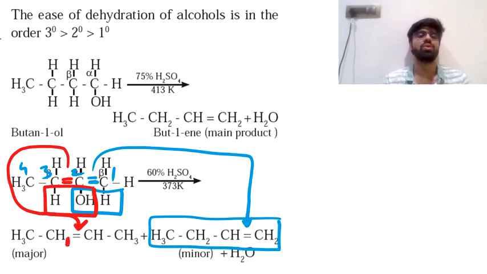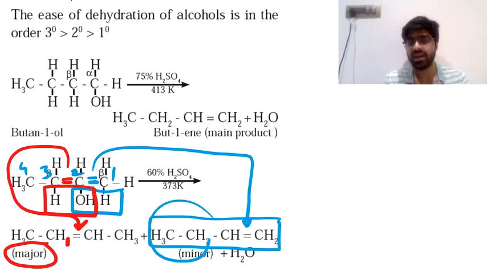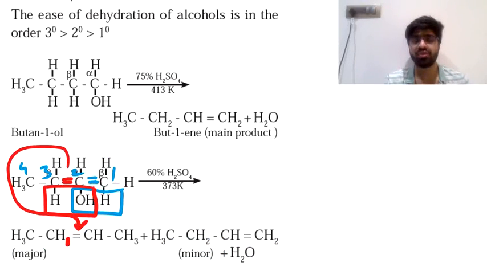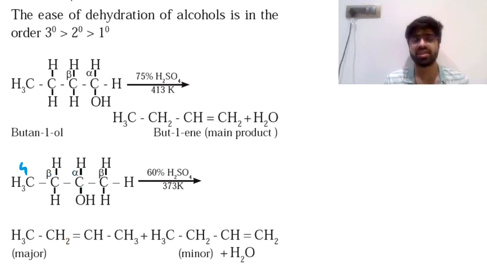Okay, so this is a more substituted double bond, and that is why it is a major product, whereas this one is having only one substitution on the double bond of ethyl, which is why this is a minor product. Okay, it's a simple application of the Saytzeff rule, and yet another example with which you have learned how to apply that Saytzeff rule.